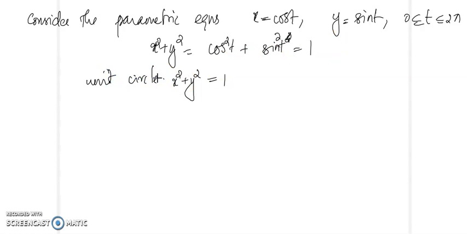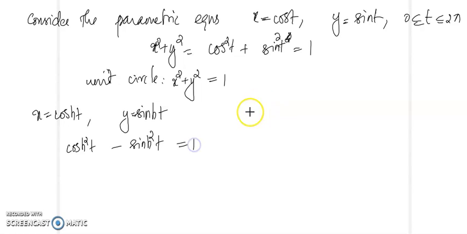So x equal to cos t and y equal to sin t is actually a parametric representation of your unit circle. Now similarly, if you take x equal to cosh t and y equal to sinh t, we have the identity cosh square t minus sinh square t equal to 1.